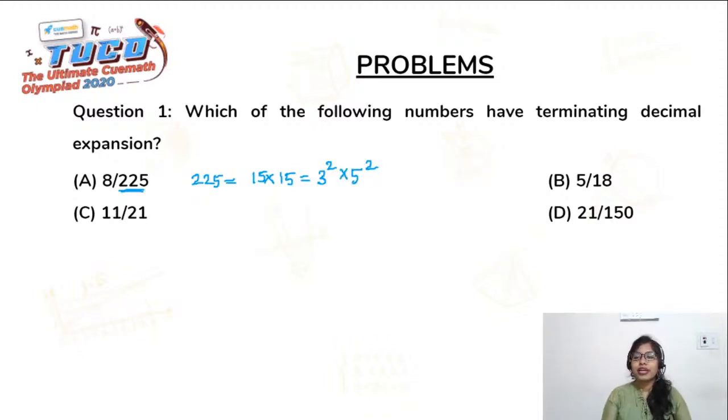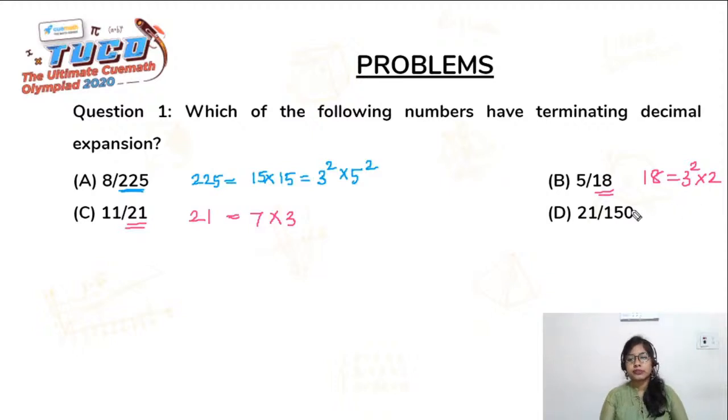Now, before I write down any answer, I'm just going to quickly write down the factorization of all the denominators. Coming to 21, as you can see, 21 can be written as 7 times 3. Coming to 18, we know that 9 times 2 is 18, or you could also say 3 to the power of 2 times 2 is 18.